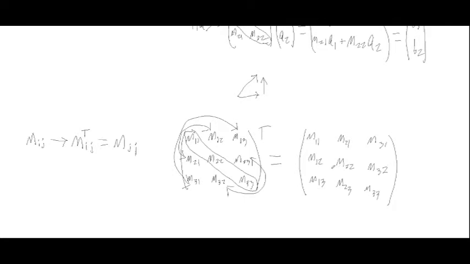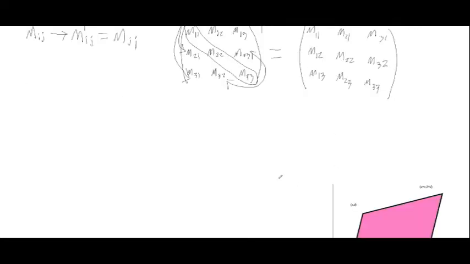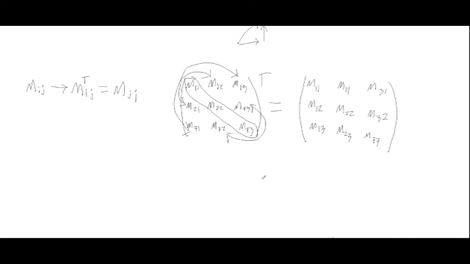And then another thing we can do, so if our matrix has elements that are complex numbers, then we can also take the complex conjugate of our matrix.